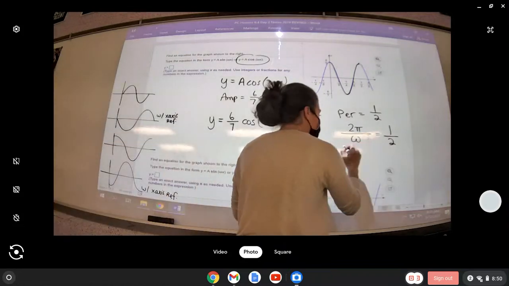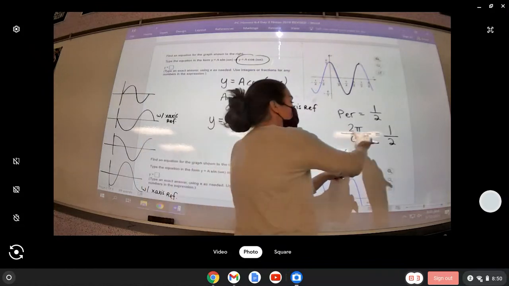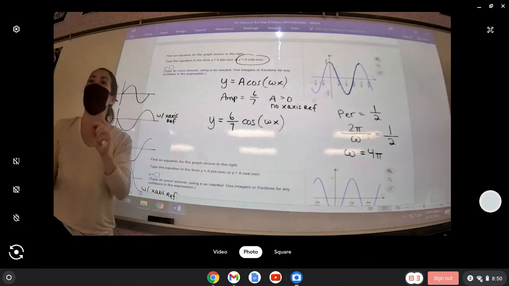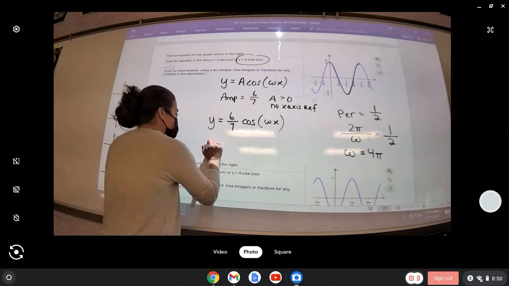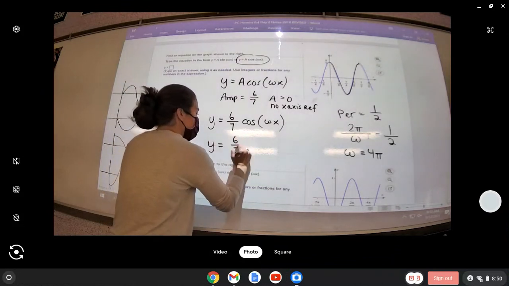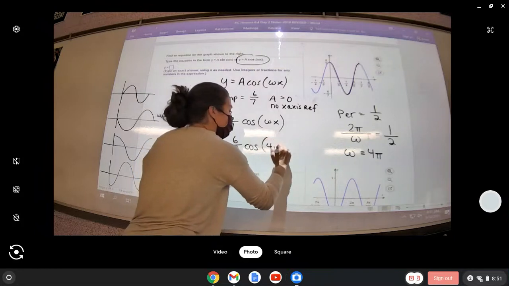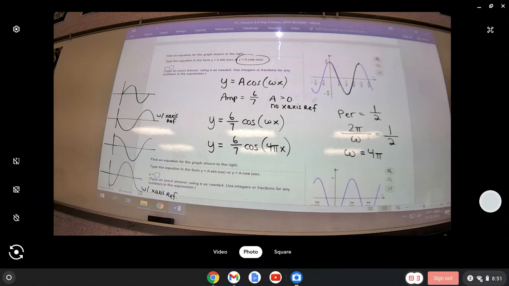So I'm going to get omega times 1, that's omega, equals, so guys, it's already going to get you your answer. 2 pi times 2 is 4 pi. There must have been 4 pi times x to create this new period of 1/2. So now we know y equals 6/7 times the cosine of omega, which was 4 pi times x. And then that will create that curve.